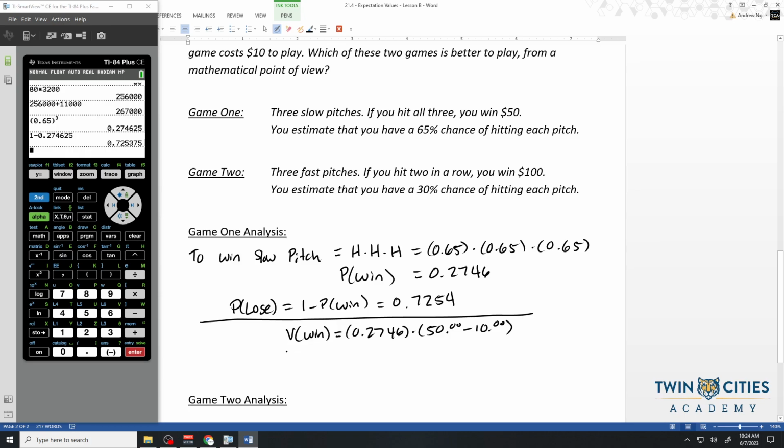And then we also need to know the value of losing. That's going to be the probability of losing, 0.7254, times the outcome here. Well, I just lose, so I get $0, but it still costs me $10 to play.